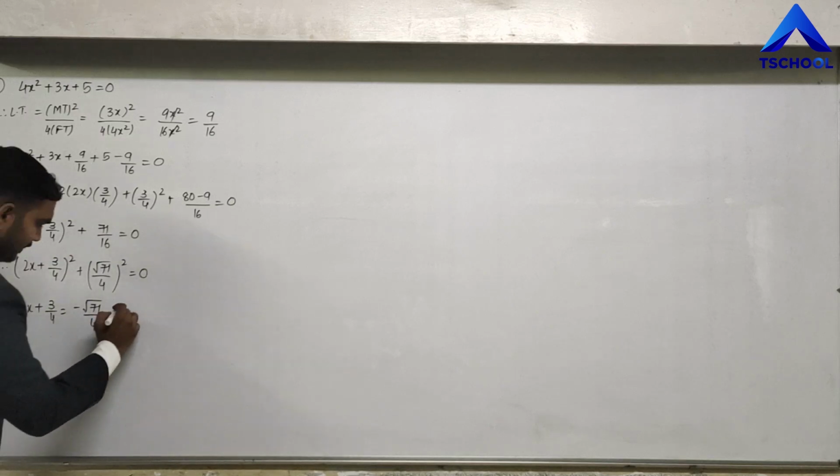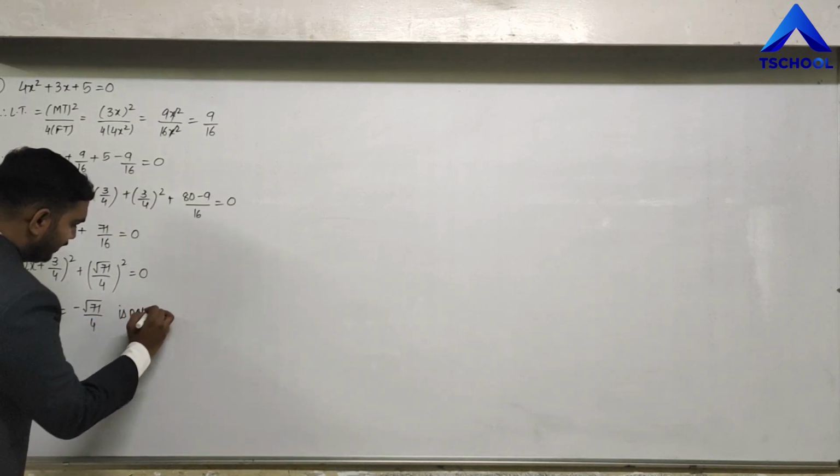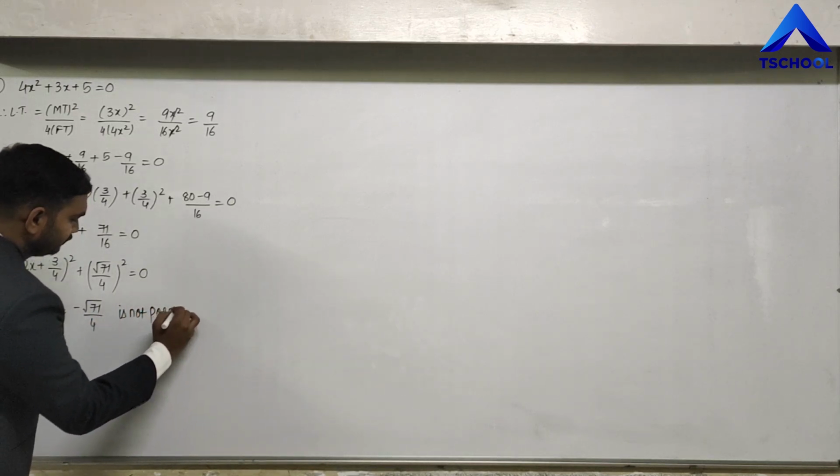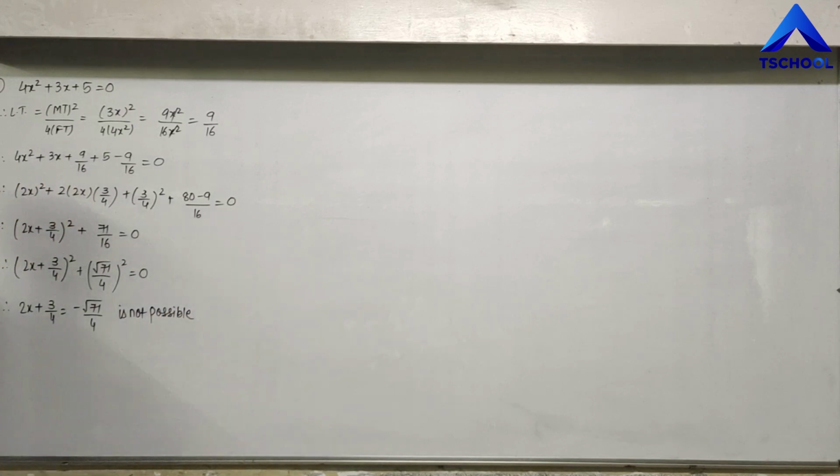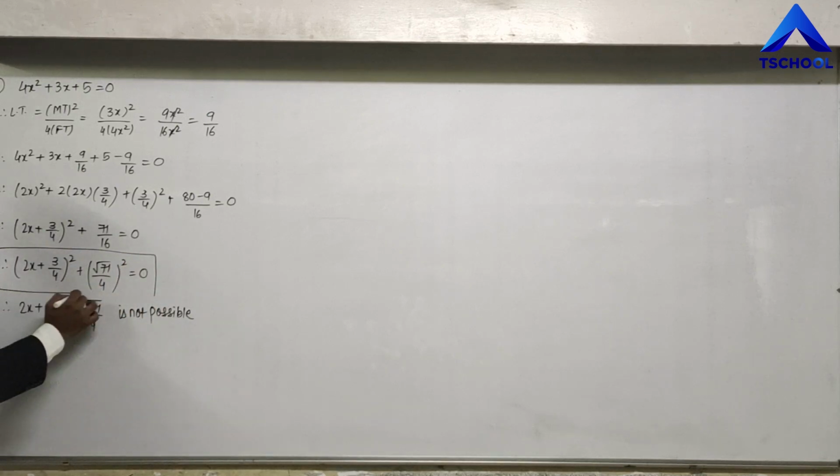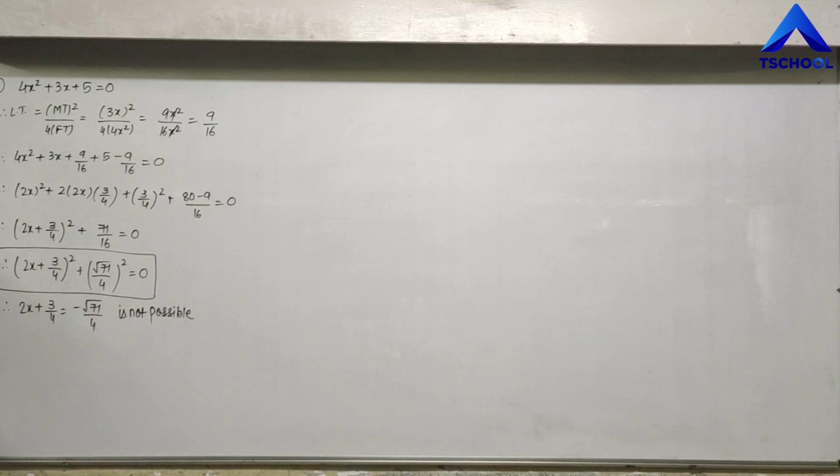This is not possible, right? Why is this not possible? Because when we remove the square roots, we get a negative sign over here, and the factors in this case are also not possible because a square plus b square is not applicable to any of the equations, right? So this is not possible.